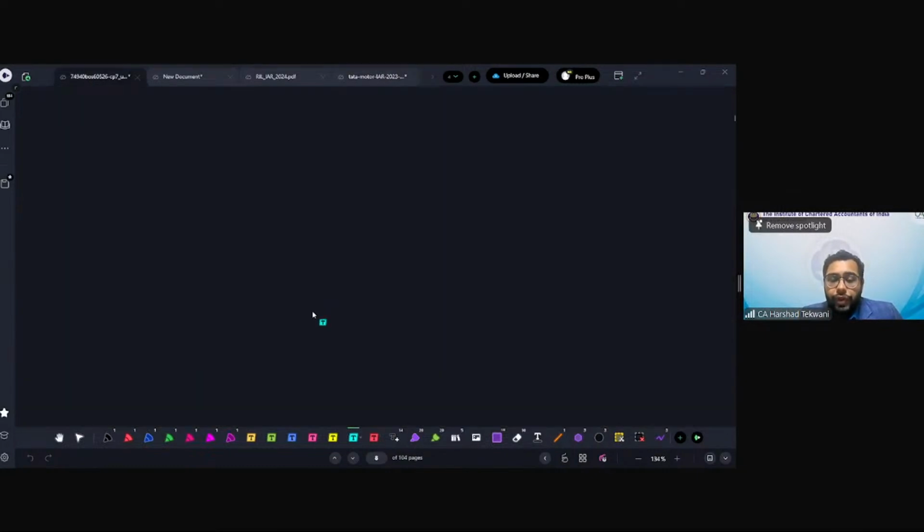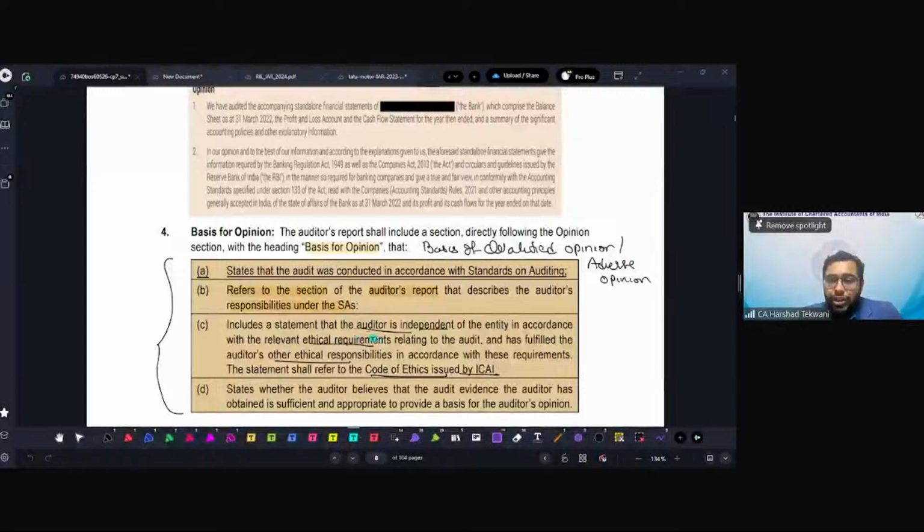So if you see here also, you need to mention that auditor is independent, ethical requirements which are there. You need to refer to the code of ethics and provide that you have fulfilled those ethical requirements.